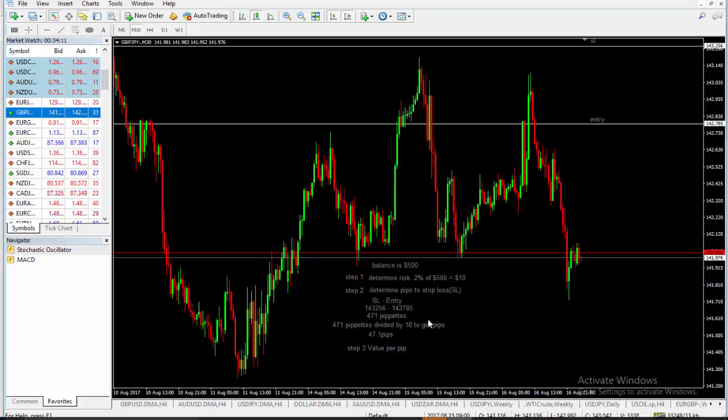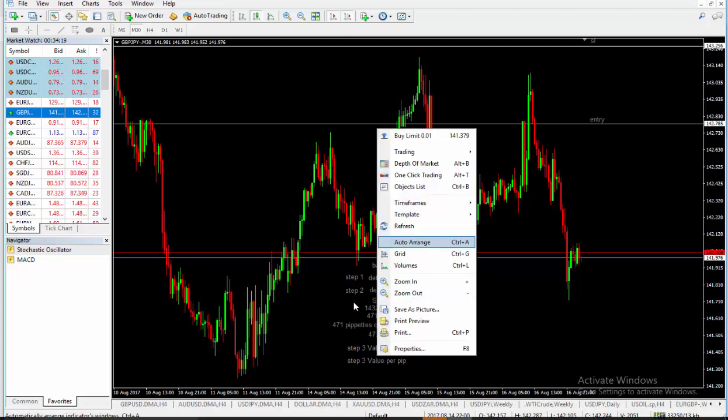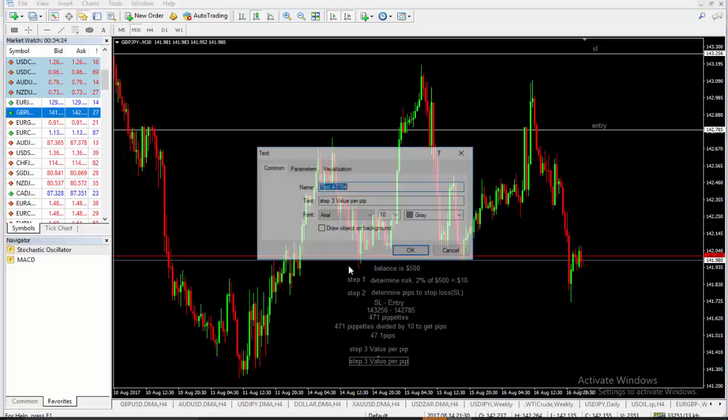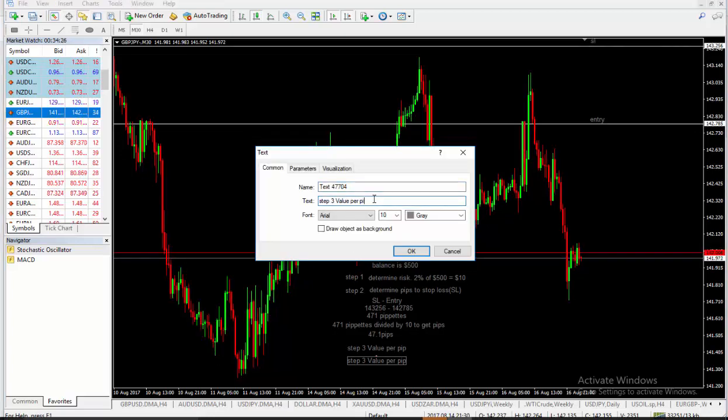We take the $10. The value per pip changes, so it's going to be your risk divided by pips.